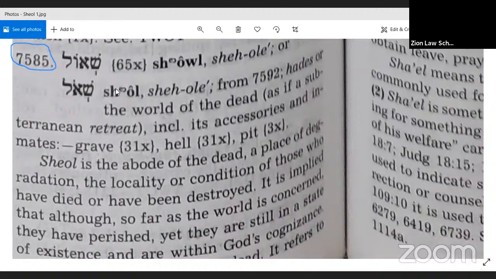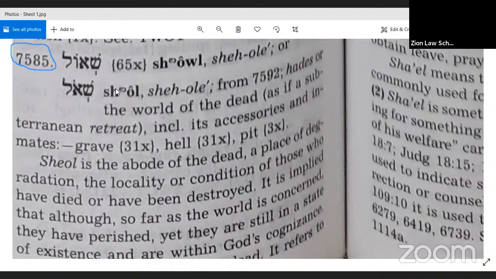If you're in the audience and you have your Strongs, you should pull out your Strongs and follow along, okay? Looking up these other Strong's numbers is really, really important. Notice it says from 7592.